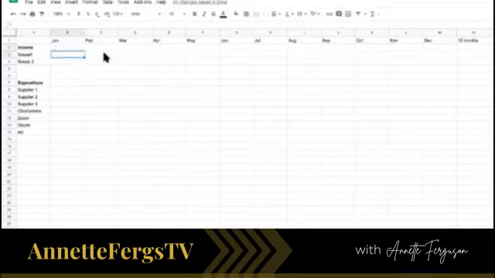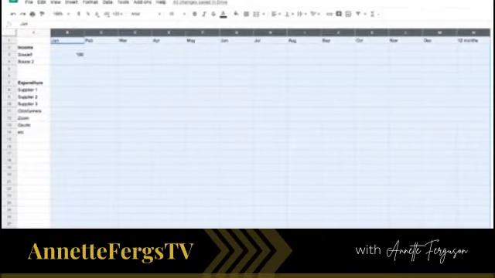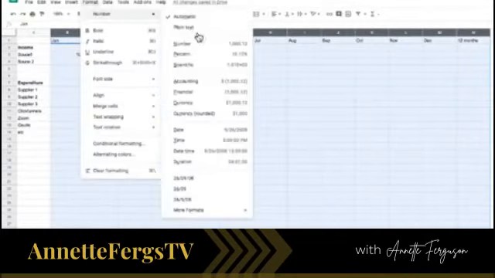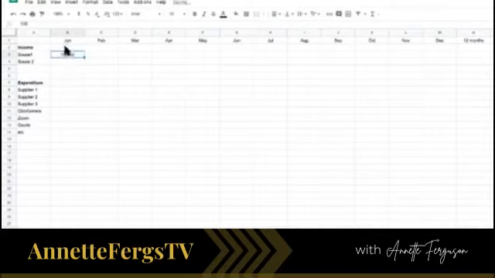So what you're going to do is you're going to have numbers in the boxes for kind of what each of these amounts are. Let me just format this for numbers. And I usually like to center things to make it look a bit prettier. So we might say that's something like this.